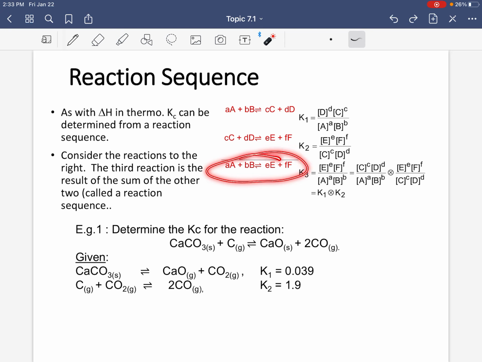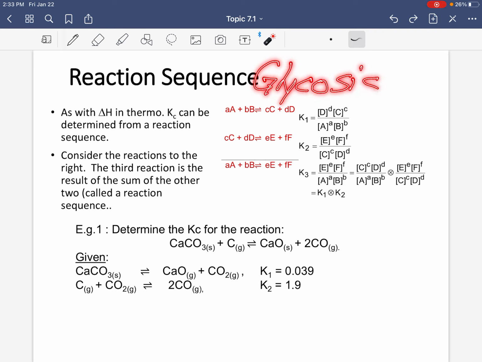This is not a one-step reaction. No. In order for this reaction to occur, it has to make C and D first. So A plus B will give you C plus D. This C plus D will go through the next reaction to give you E plus F. This is actually a good example for biology, because if you know cellular respiration, the first part of cellular respiration is glycolysis.